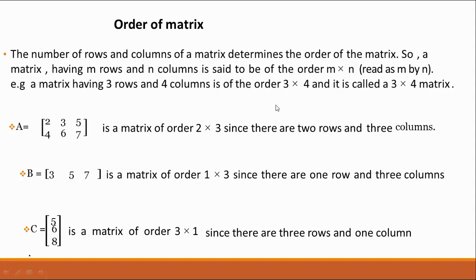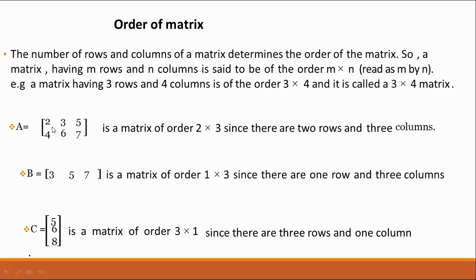In the previous slide we found the number of points by multiplying the number of rows and columns, but for the order of a matrix we cannot multiply the number of rows and columns. Simply we write m by n. The expression m by n shows that there are m rows and n columns. For example, a matrix having 3 rows and 4 columns is of the order 3 by 4. It is called a 3 by 4 matrix.